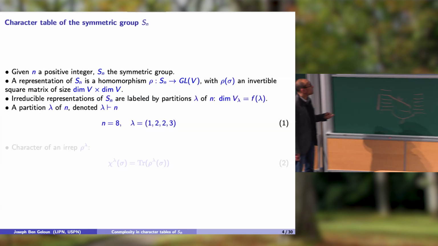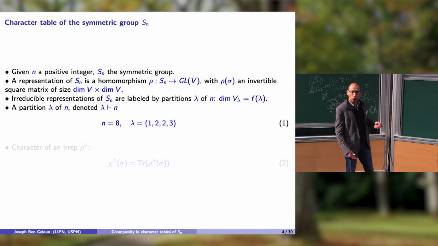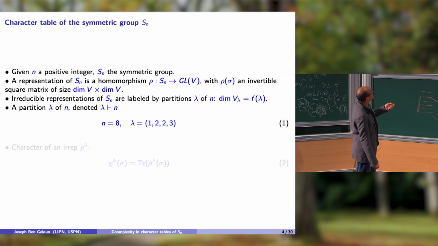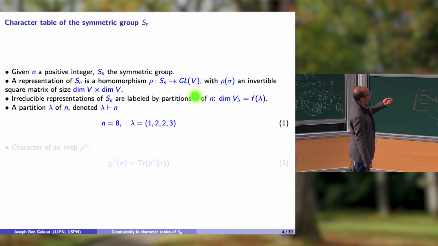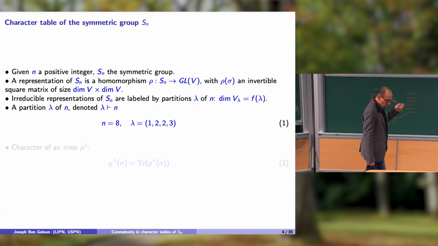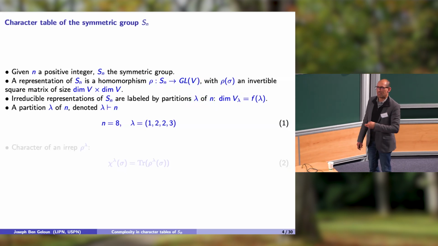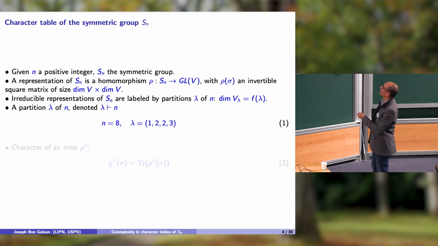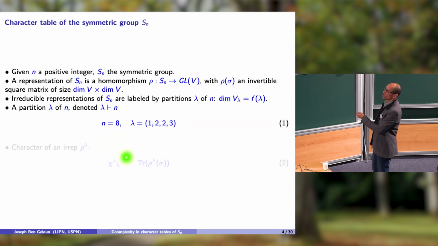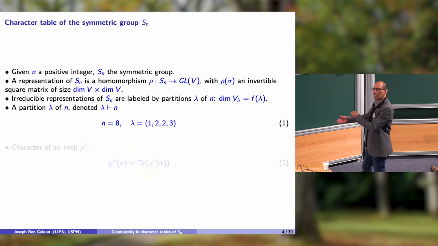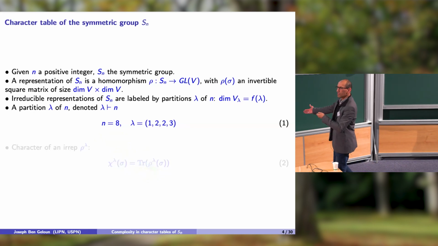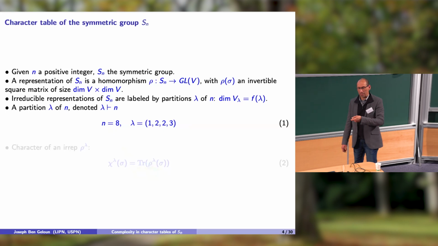And then the next thing that you wish is to have irreducible representations, and these are labeled by partitions. Yesterday, Jean-Douze explained very well what a partition is, so I can just assume that you now know better what partitions are. This is just a decomposition of a positive integer into positive integers, such that summing them boils down to the first one.